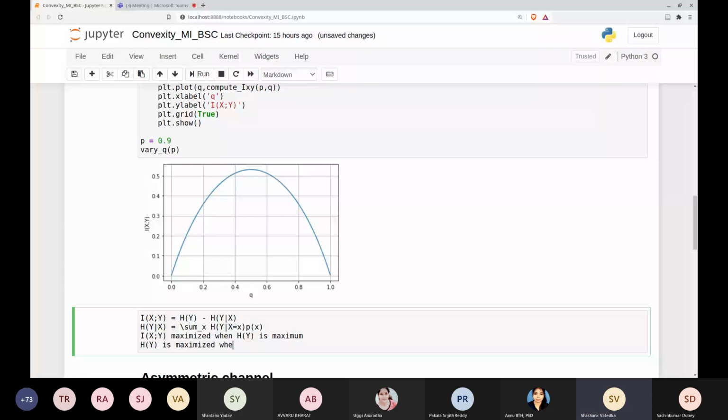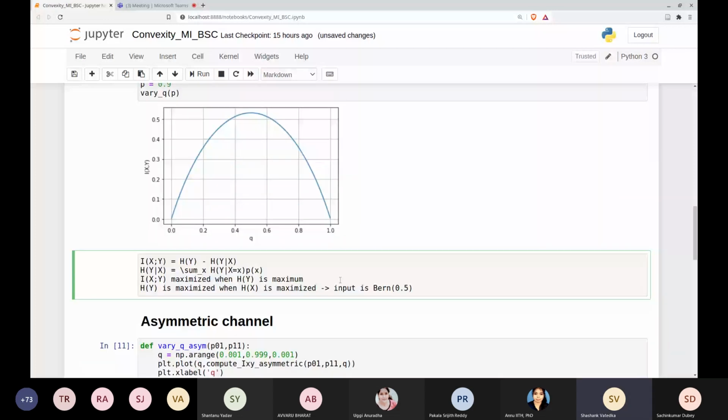So that's when the input is Bernoulli half. Once again, this is always concave.